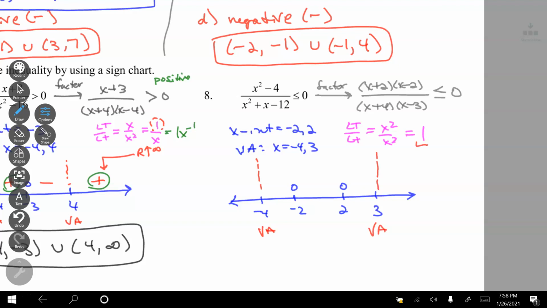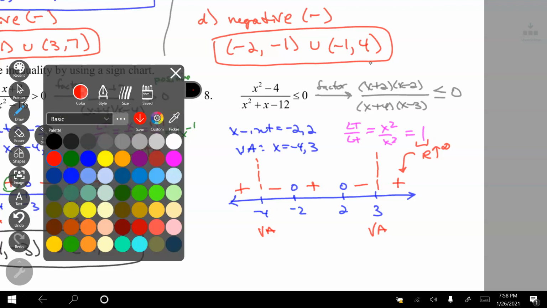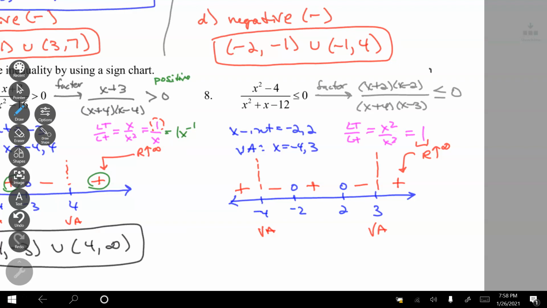And this term here is positive, so my right side goes up to infinity. So this is a plus sign on the right. No bouncers anywhere. Alternate positive, negative, positive, negative, positive. And we already talked about 1 is really x to the 0. Both ends do the same. But I have to look at what kind of solution I want. It says I want the negatives or things equal to 0. So I want all the negative signs, including the zeros. So I'm going to have to include negative 2 and positive 2.